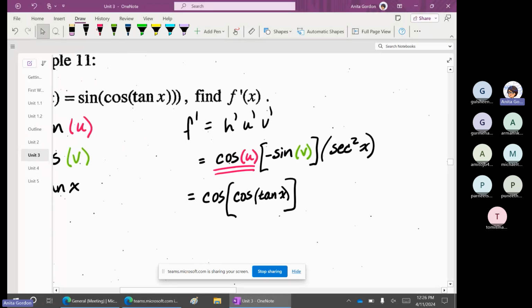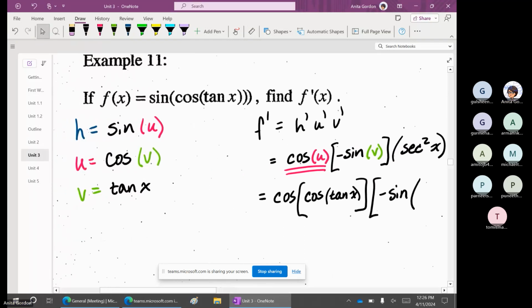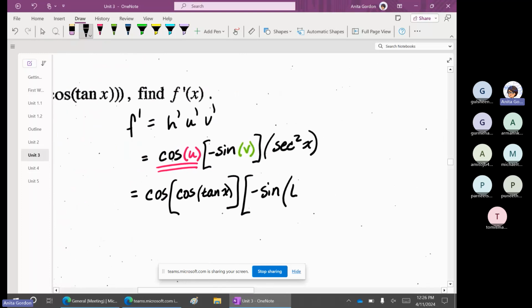So now I have negative sine of what? Just tan X, right? And then I have secant squared X. Okay, we're good. So, can we combine?